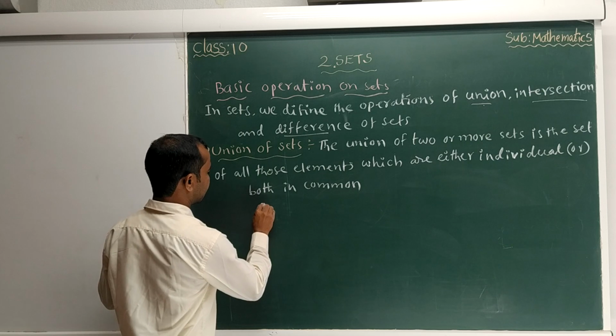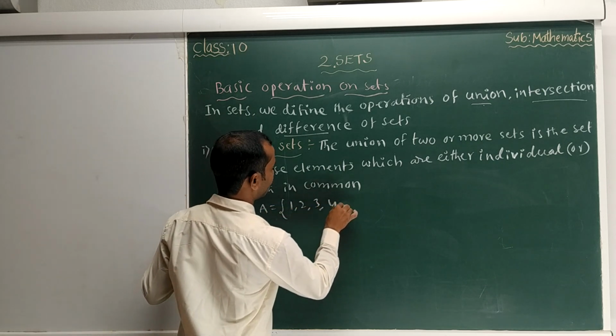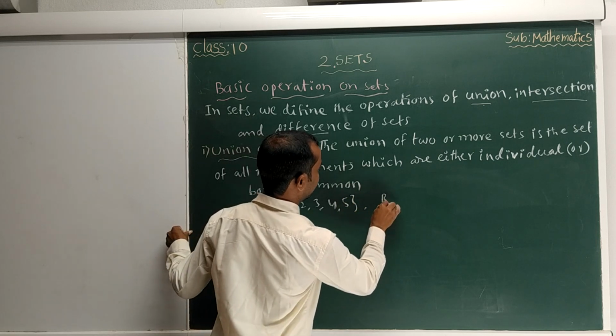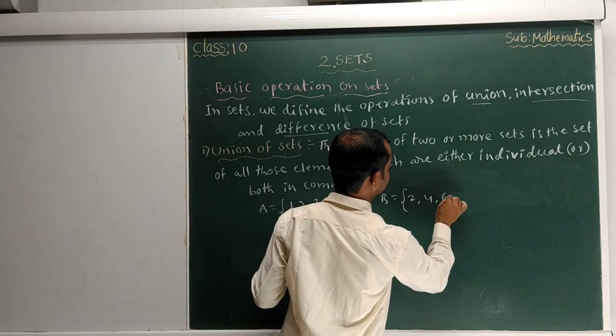For example, set A is 1, 2, 3, 4, 5 and set B is 2, 4, 6.